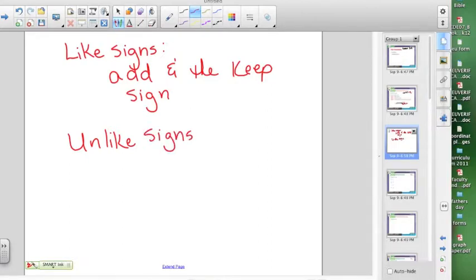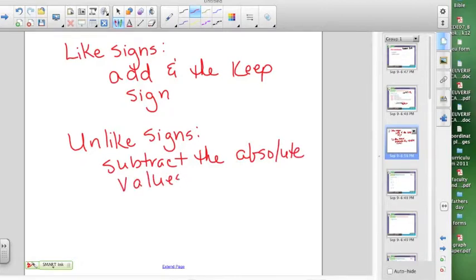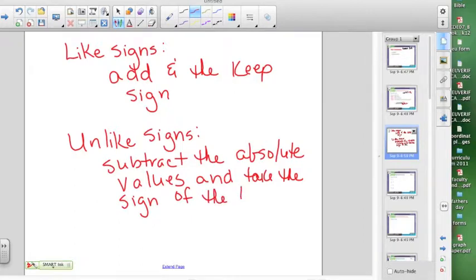Not hard, just a little bit different. You're going to subtract the absolute values and take the sign of the number with the largest absolute value.